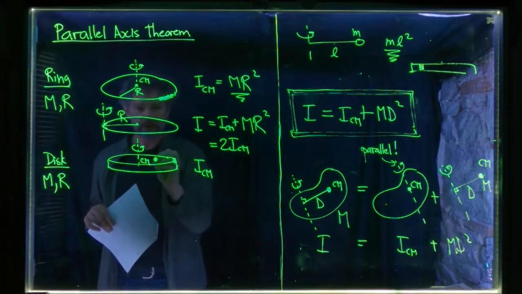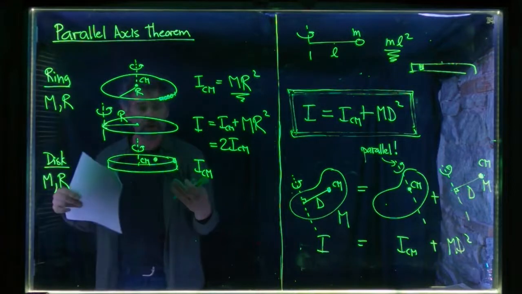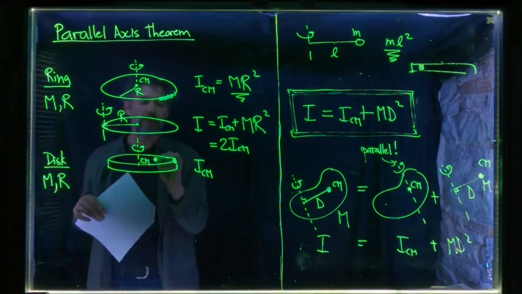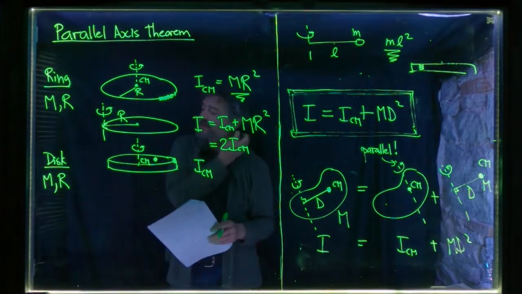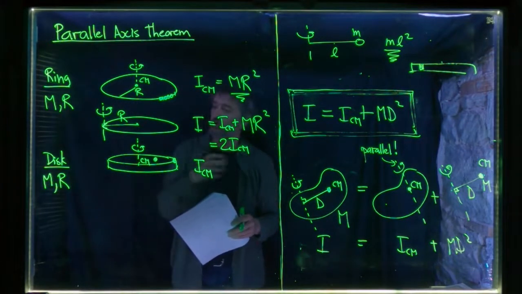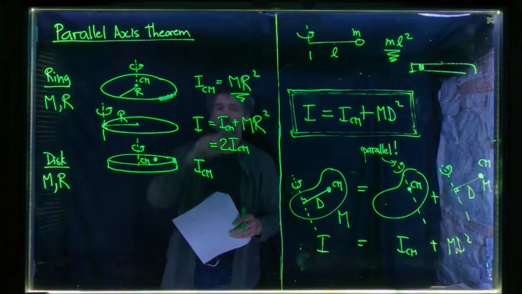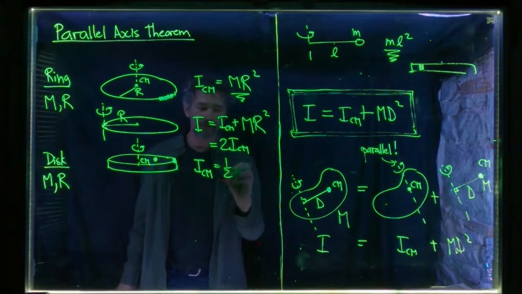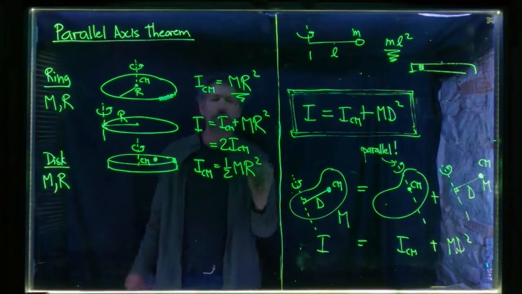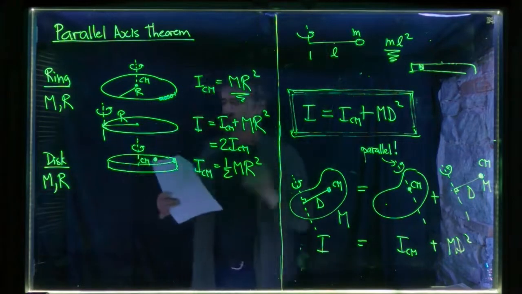But if it's located here, half the distance out, its contribution to the moment of inertia of the disk is only 1/4 the value it would have if it were at the edge of that disk. And so clearly, the moment of inertia for a disk of the same mass and same radius must be less than mr squared. And if you use calculus, what you get is it's equal to 1/2 mr squared. So that should be intuitive, okay? You should understand this idea really intuitively.